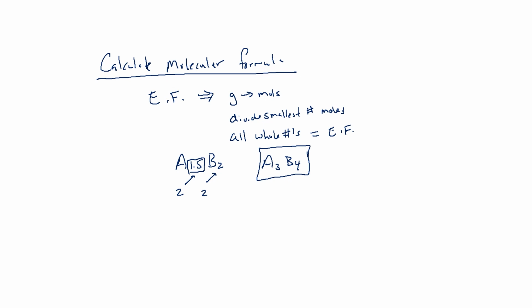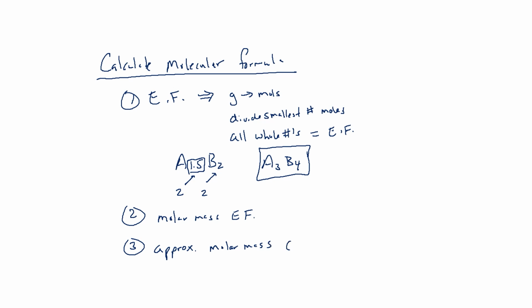Now, once you have the empirical formula, that's one of the first steps that you need to get to the molecular formula. The next thing that you need is the empirical formula's molar mass. And we go to the periodic table and add up the molar mass of everything that's present in our empirical formula. The last thing that we need is the approximate molar mass of the compound.